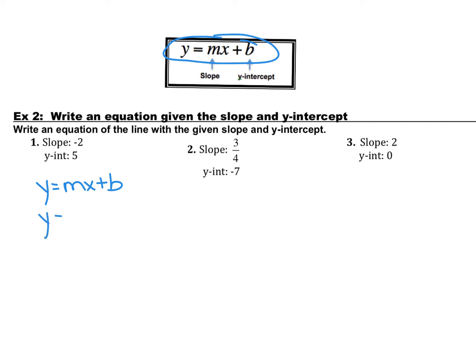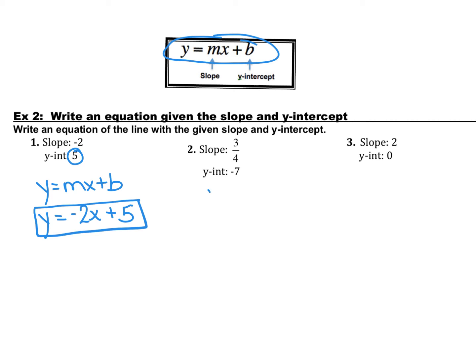So I'm going to have y is equal to, and since our slope is -2, we're going to replace the m with -2, and we can't forget our x. And then our y-intercept here is going to be 5, so the number without the variable is going to be our y-intercept. So the equation I have when I have a slope of -2 and a y-intercept of 5 is y is equal to -2x plus 5.